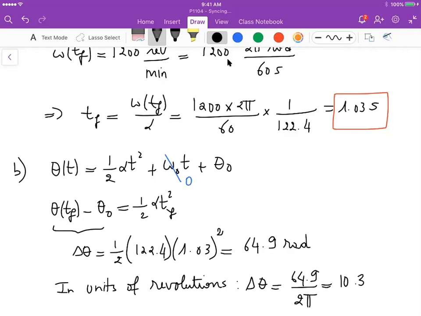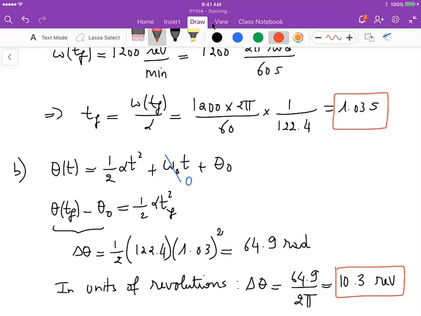So this is the number that we get. And again, this is how we use the kinematic equations to solve this kind of problem where we need to know information about the angular variables like alpha, omega, theta, etc.